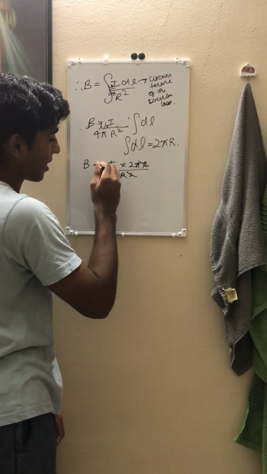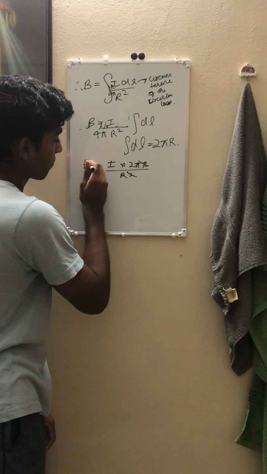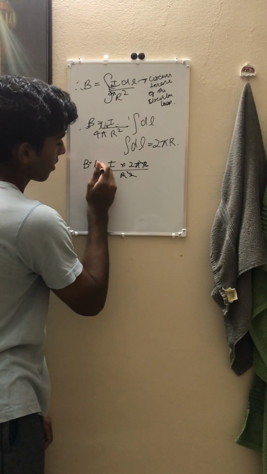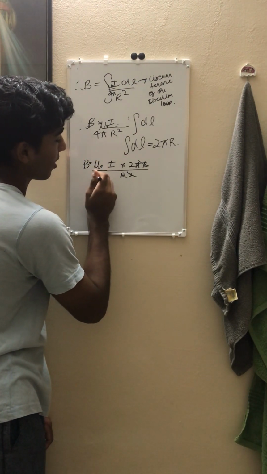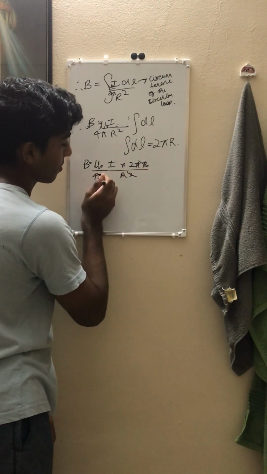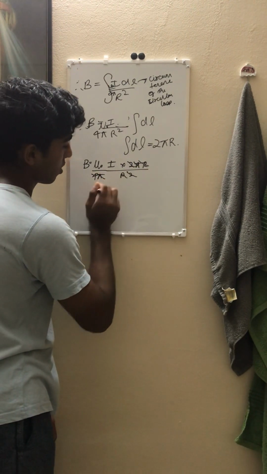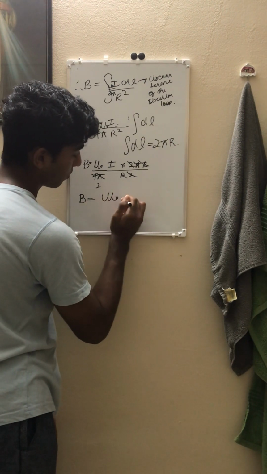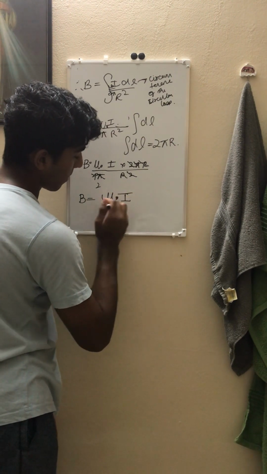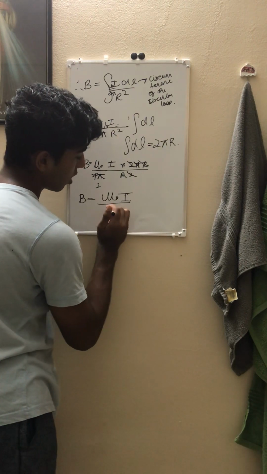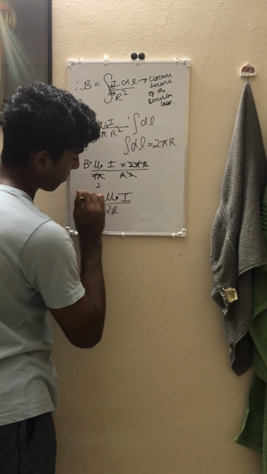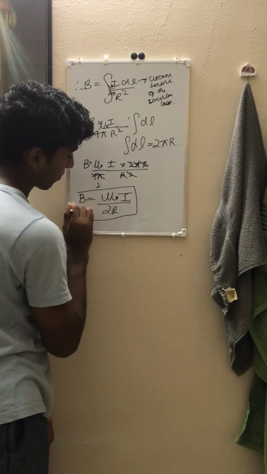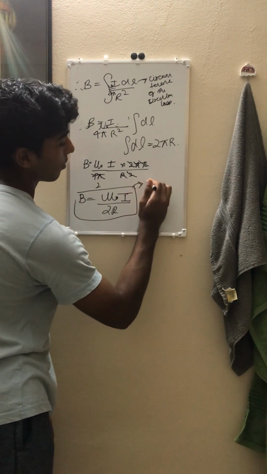Don't forget about that. Oh my god, I just forgot about that. Pi cancels. So the magnetic field at the center of a circular loop is this one.